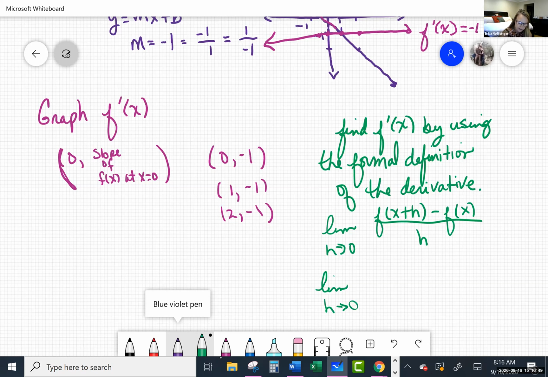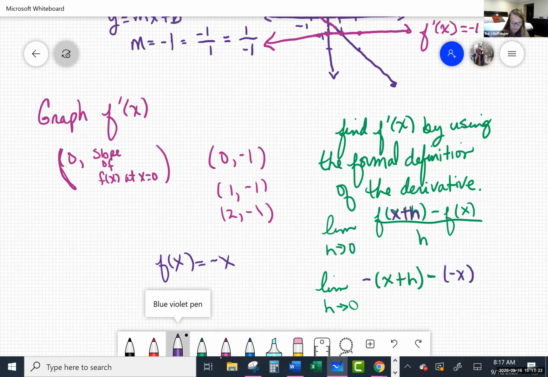Well, our f of x was just equal to -x. So our f of x plus h, so if we go in here and plug in x plus h, wherever we see an x here, this is equal to negative, then plug in x plus h because there's the x. And then minus f of x. So minus this function, which is -x. We put this all over h.